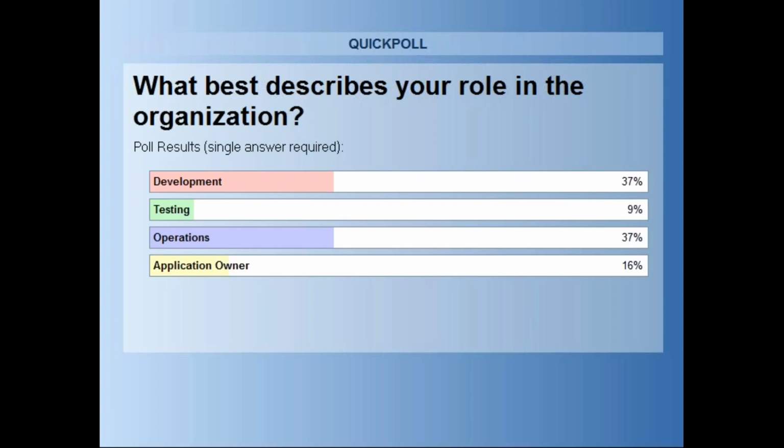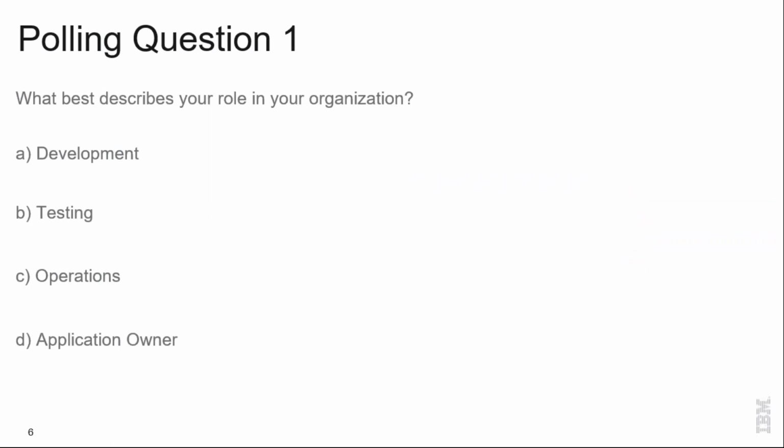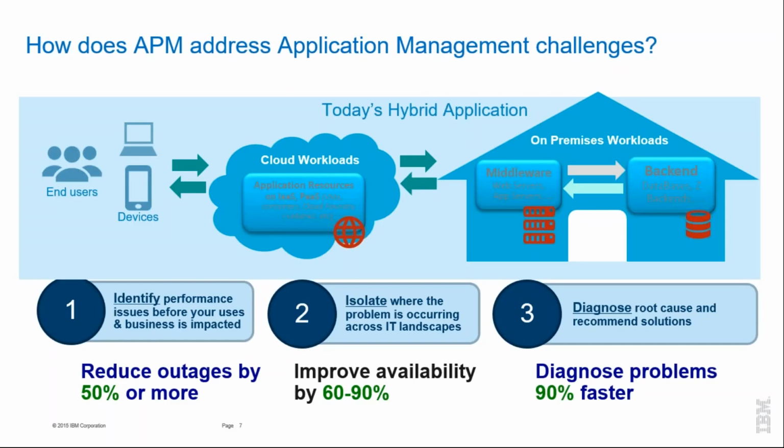So one thing I wanted to do in the next couple of slides is give you a sense of what APM is for folks that have never heard of this before, because typically when you thought about APM, you thought of it as a production tool, something the guys on the production side of the house took care of.